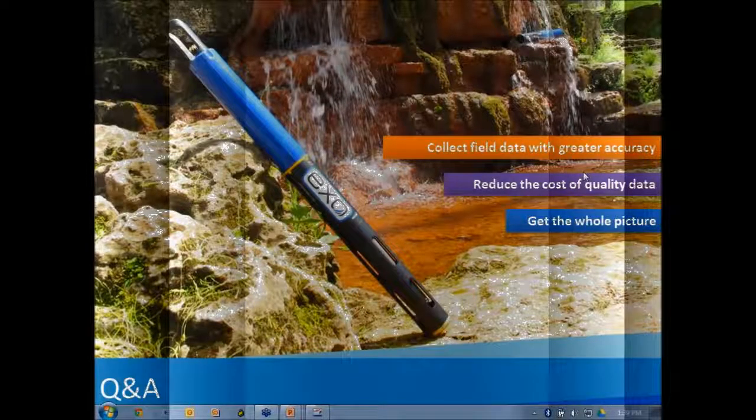Phycocyanin is the major accessory pigment in most freshwater cyanobacteria species, whereas phycoerythrin is the major accessory pigment for the marine species. EXO's Total Algae Sensor comes in two versions, one for customers who work mainly in freshwater, and another for those who work primarily in marine or estuary environments. The only difference between the two is that the excitation light for the accessory pigments is tuned a little bit differently.